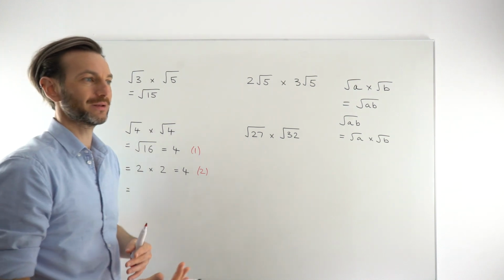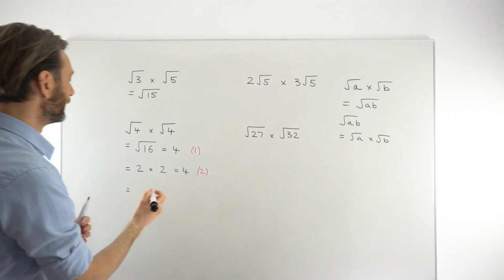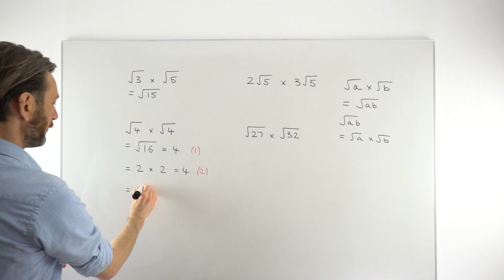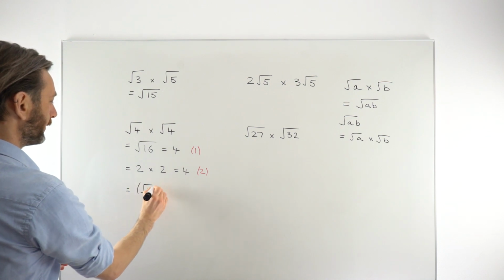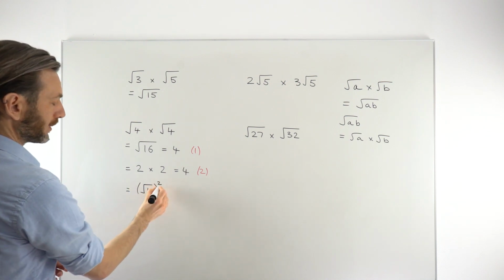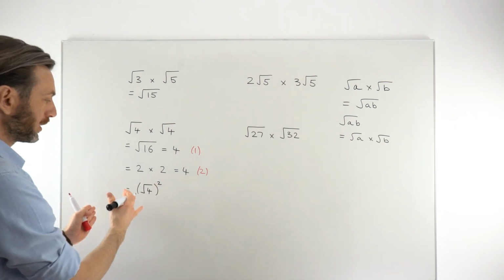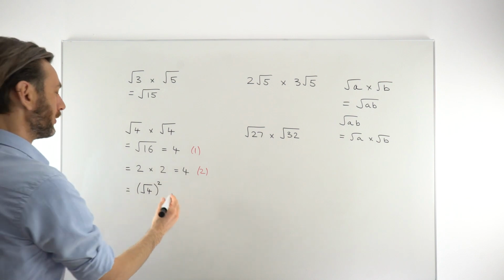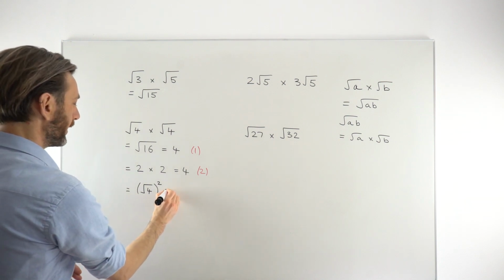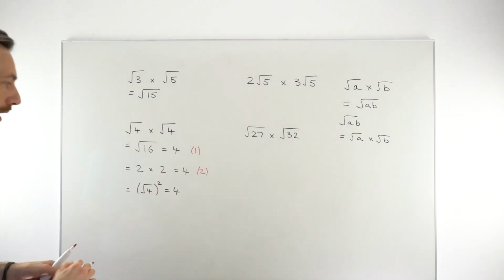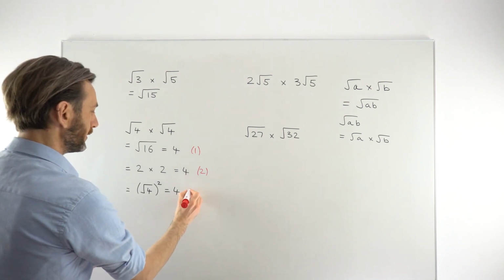If you multiply something by itself, then you're squaring it. So that's actually just root 4 squared. But a square root and a squared cancel, and that's one of the key takeaways from this topic: a square root and a squared are the opposite of each other, so they cancel. That leaves you with 4 as well. So it's good to know those different methods.